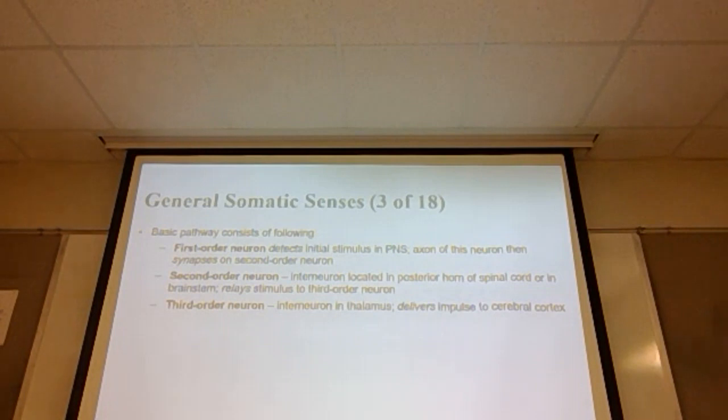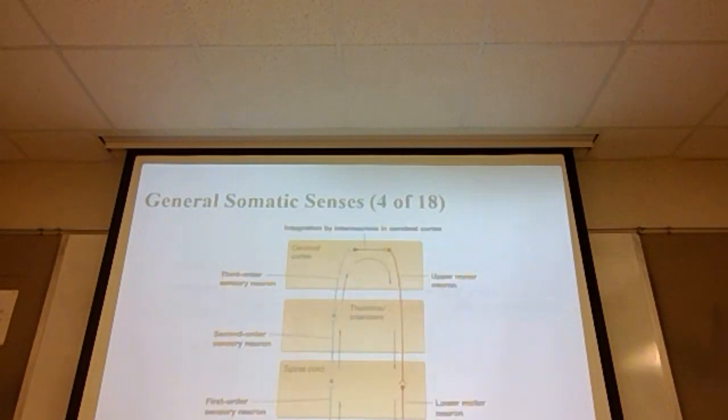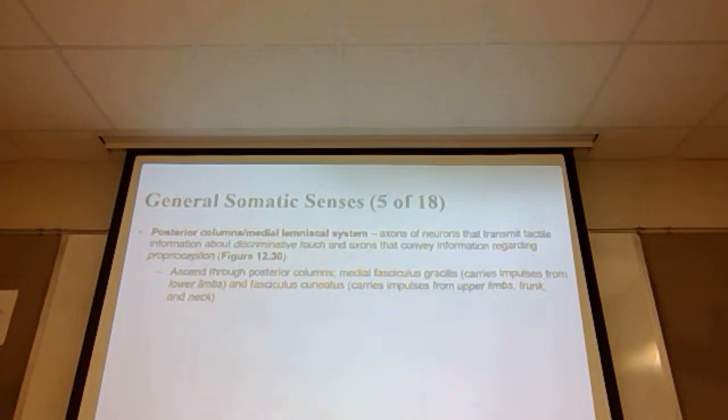The third order neuron is the one that delivers the impulse to the cerebral cortex, and third order neurons are found in the thalamus. So the sensation comes in, the first order neuron sends it to the second order neuron in the brainstem, then it transfers to the third order neuron, and then we get the integration in the cerebral cortex.